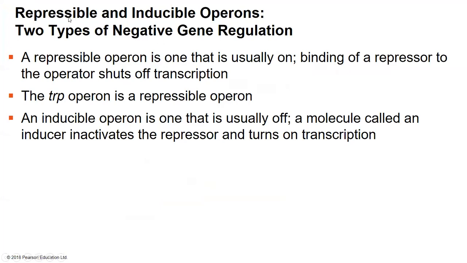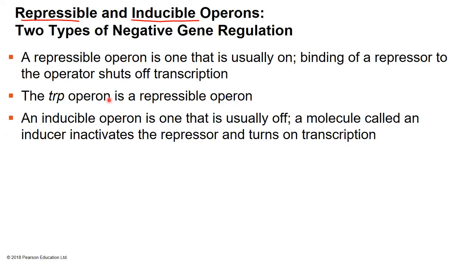So there are two types of operons: repressible and inducible. Repressible operons are usually on, they are usually transcribed, unless an active repressor binds and turns transcription off. Inducible operons operate in the opposite fashion. They are usually off, but when a molecule called the inducer inactivates the repressor, transcription will be turned on.